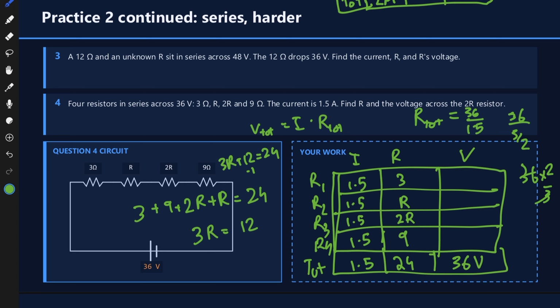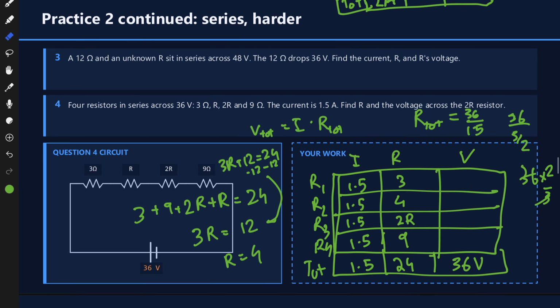You can subtract from both sides, you'll get 3R equal to 12. R is equal to 4. So this is R, which is just 4. And this is 2R, right? Which is 2 times 4. 2R is 8 ohms.